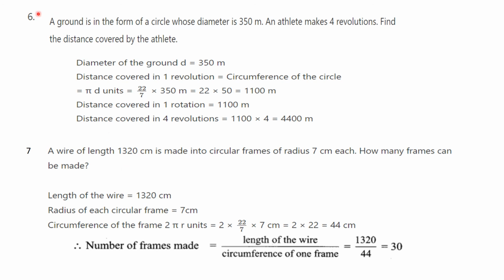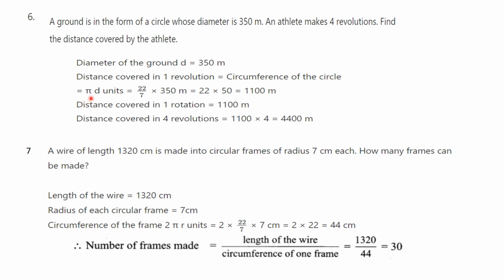Sixth sum. A ground is in the form of a circle whose diameter is 350 meter. An athlete makes 4 revolutions. Find the distance covered by the athlete. So diameter of the ground is 350 meter. One revolution is equal to the circumference of the circle. So first we will find the circumference of the circle, pi d units.